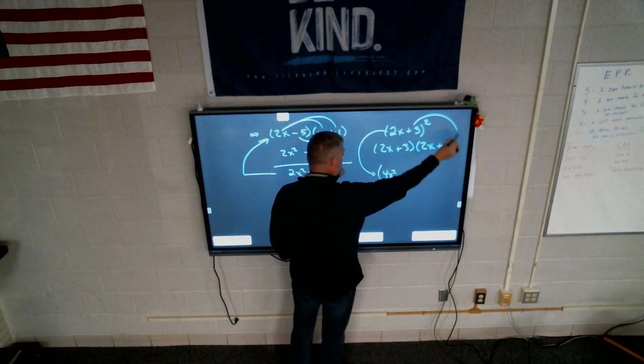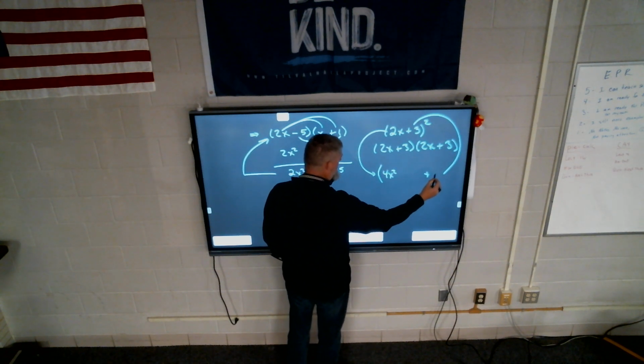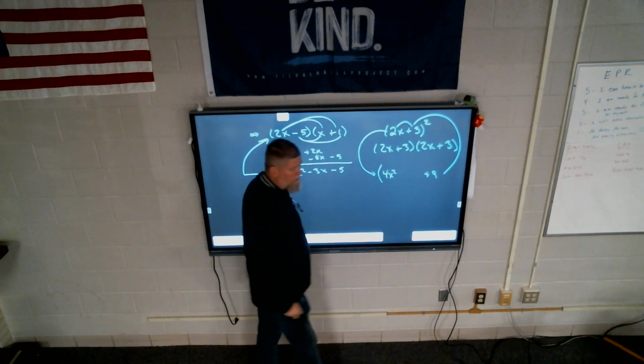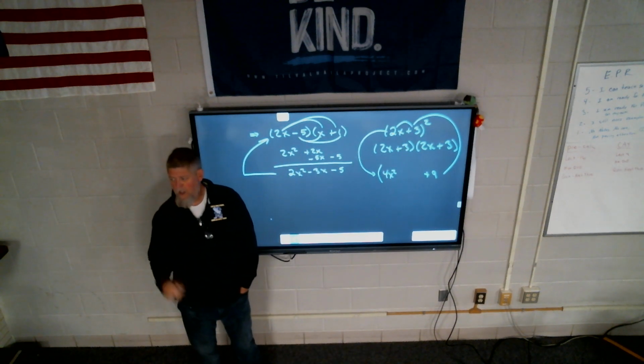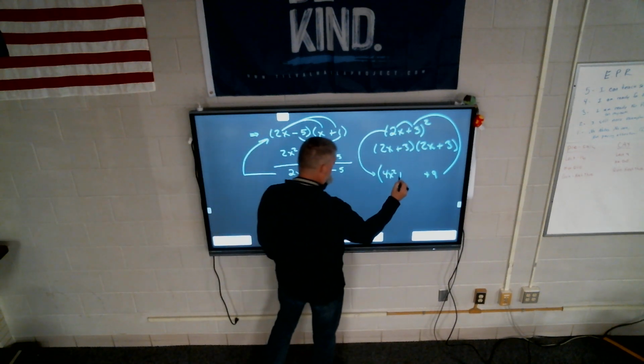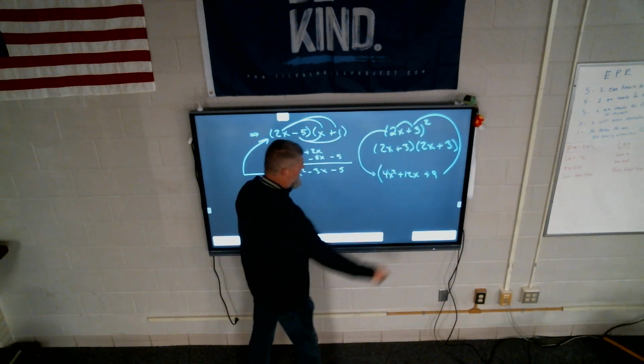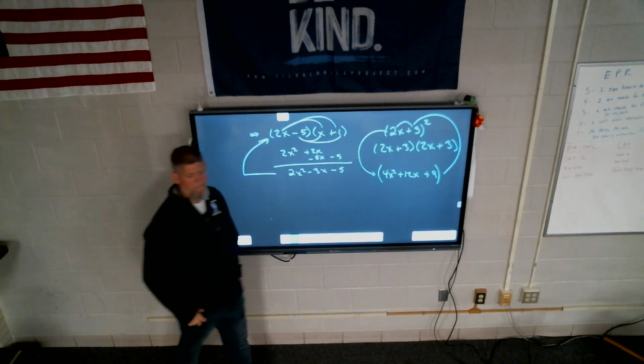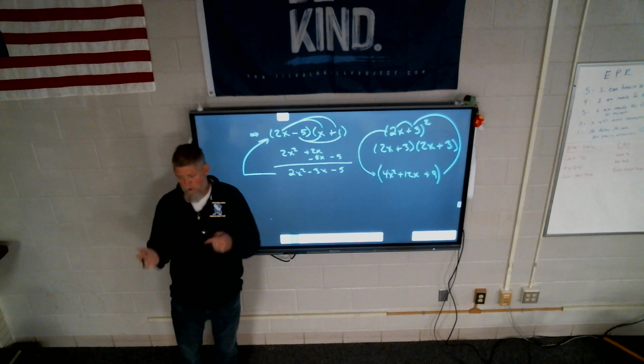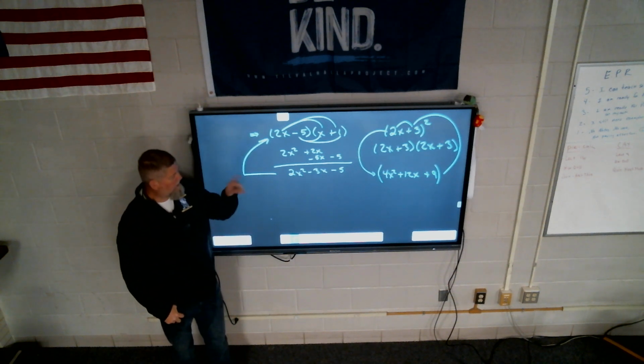What is 3 squared? 9. Multiply these together, what do you get? 2x times 3 is what? 6. Double it. And there's your shortcut. It's the same thing as if you just FOIL it. So square, square, multiply, double.